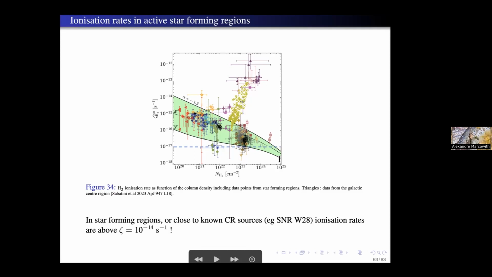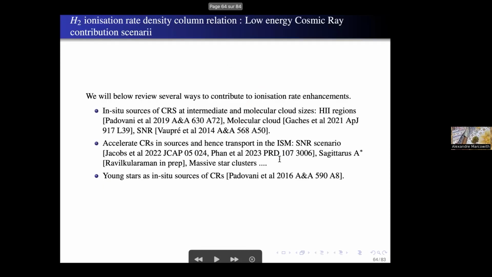So this is challenging to explain. Maybe cosmic rays can help. The way is not clear now, and it's still an open question. If you are interested in doing a postdoc or PhD thesis on that, I think there is a lot of material.